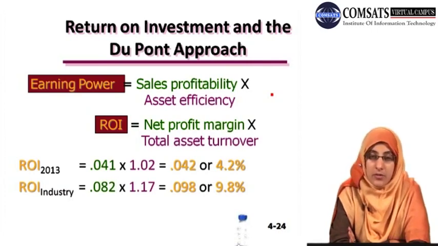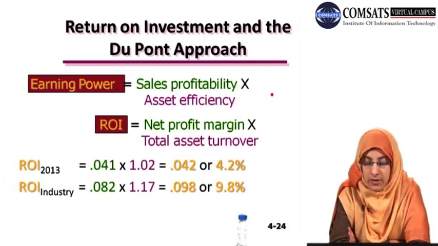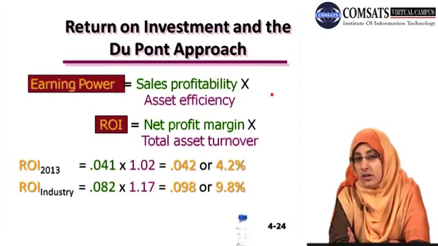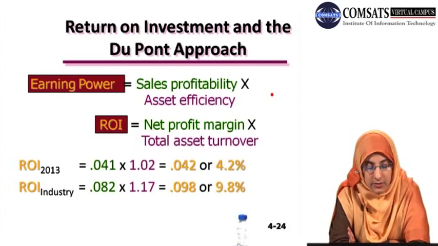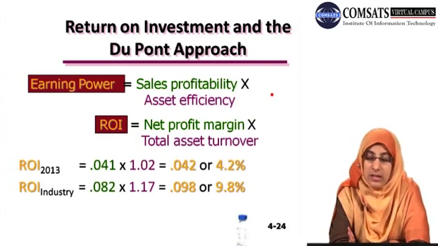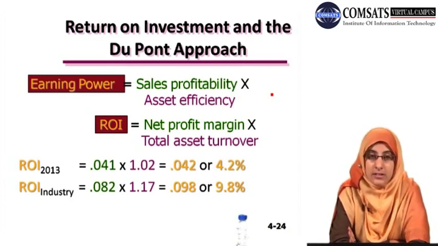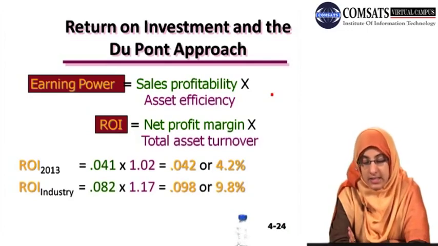Now, if we multiply this net profit margin and your total asset turnover, the value becomes 0.042 or 4.2%. This is the value we found for return on investment directly through one formula. And if you look at the industry average, it is 9.8%. So this 4.2% and 9.8% have a huge difference, which indicates that return on investment has serious issues, and the company has to look at its assets, its costs, its prices for the products, and some other analysis as well.